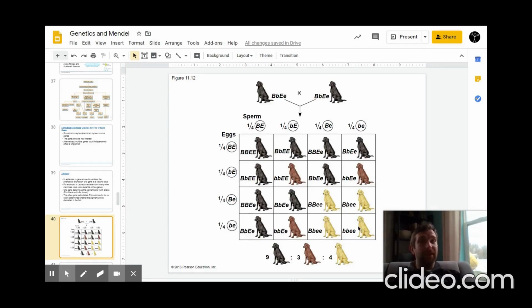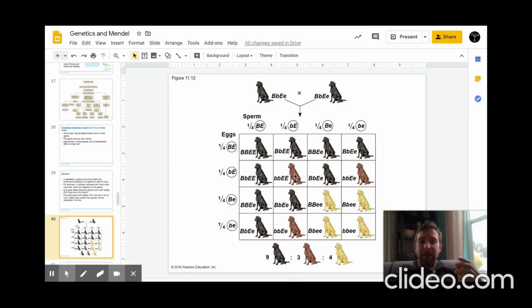You're just not making any pigment at all. So any of these that are missing the allele that's responsible for making pigment end up being the yellow labs, or we could call them white in terms of this particular pigment that's being looked at. And then the black and chocolate labs are the result of them making the pigment.